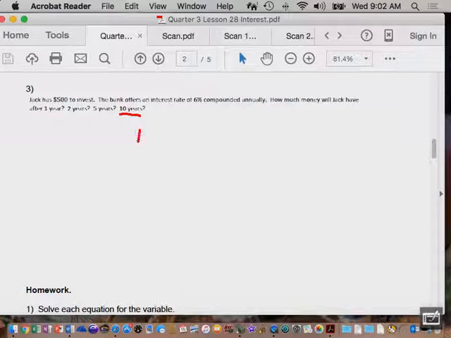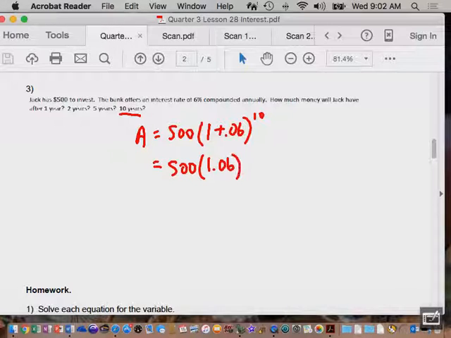The compound interest formula uses A for the amount in the account. You don't get the interest. You start with the amount you start with, which is 500. Then you're going to do 1 plus the rate of interest as a decimal. 6% as a decimal is 0.06. And then to the number of years, which is 10. So that would become 500 times 1.06 to the 10.